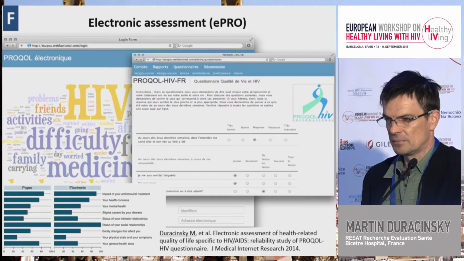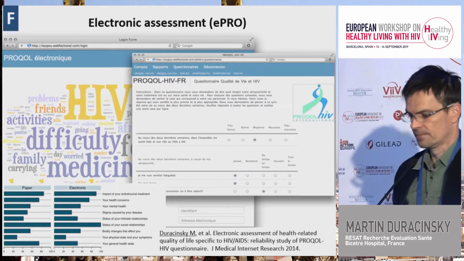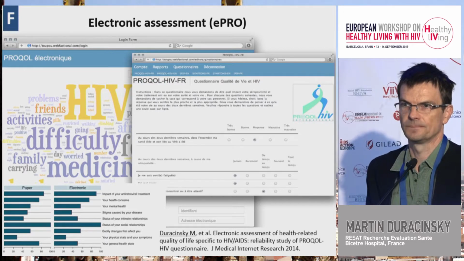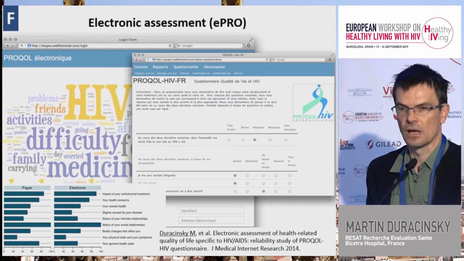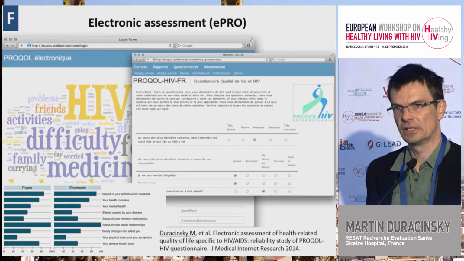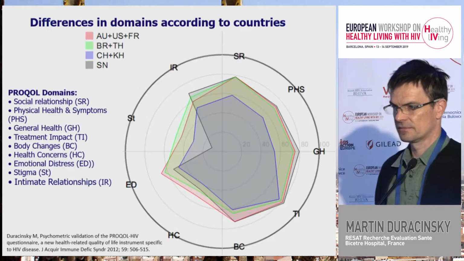I think it was maybe the first electronic PRO published with the patient. And we could show that even our patients from sub-Saharan Africa with low education could fill it in at the hospital, on the screen, with the help of the staff.